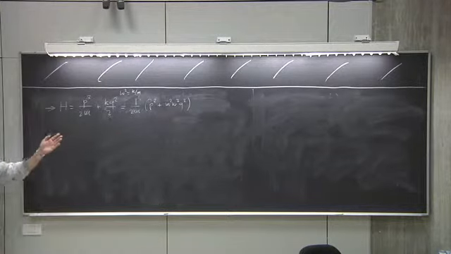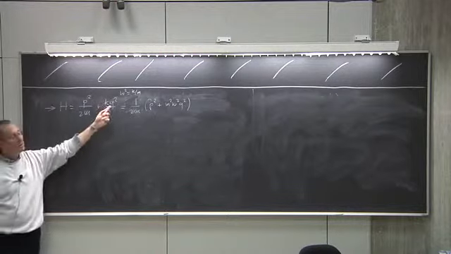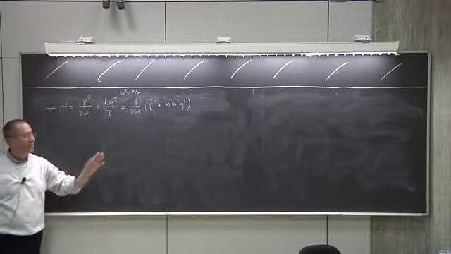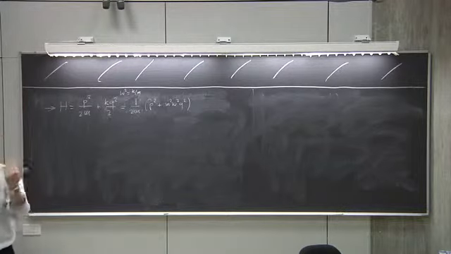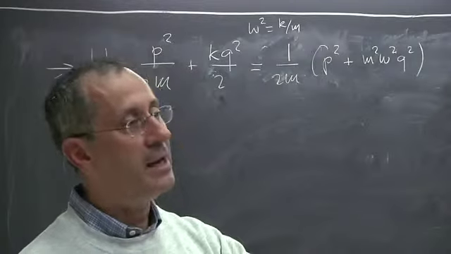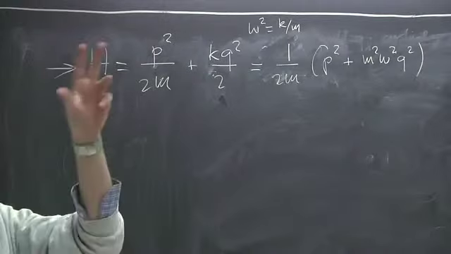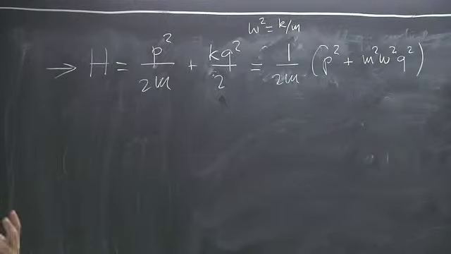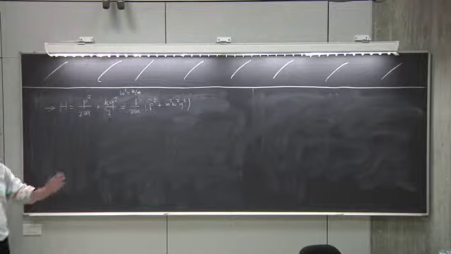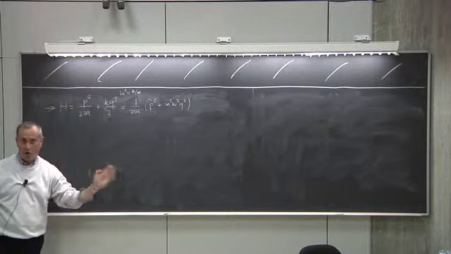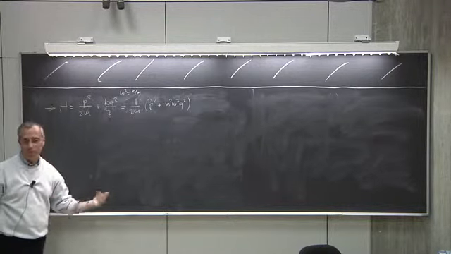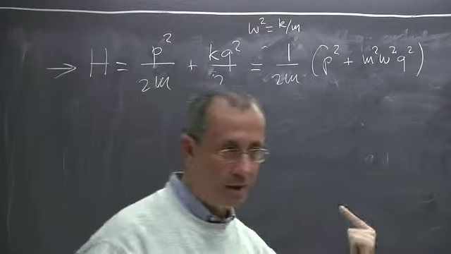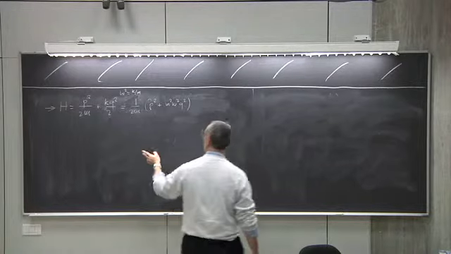Well, this is a one-dimensional system, and unfortunately q is there, so q is not cyclic. But the question is, can I find a new set of variables, big Q, big P, such that the Hamiltonian has no dependence on big Q? If I do that, I'm very happy, because the Hamiltonian becomes a constant, and I know how to solve the problem. It's trivial. We just discussed it in that case.